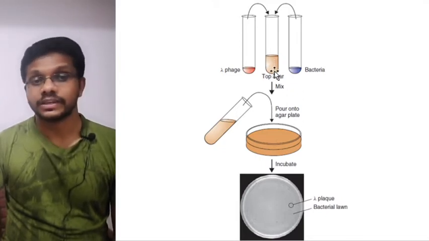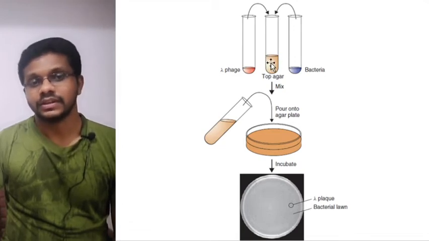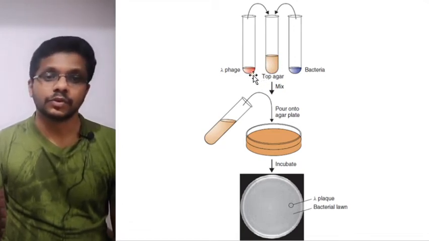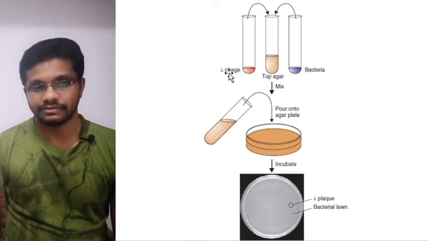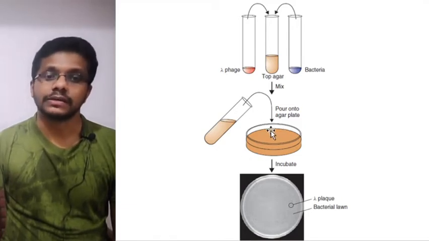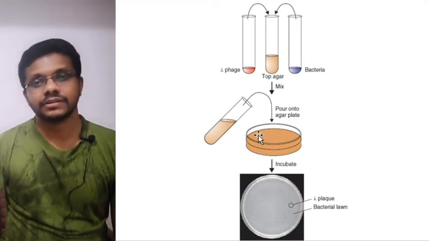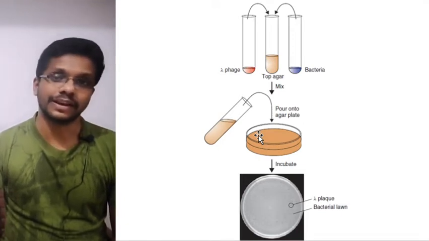Top agar has a lower agar concentration, so it won't be that hard. We mix the top agar with bacteria and the lambda phage, and after mixing it is poured onto the normal agar plate. After pouring, the bacteria start to grow and the virus starts to infect the bacteria.